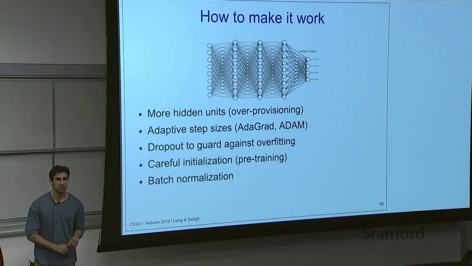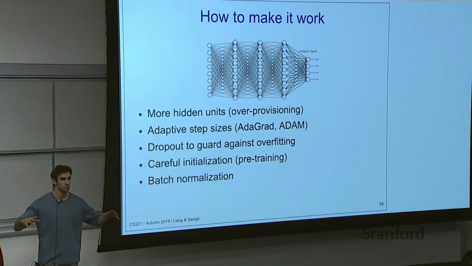And then there are tricks like batch norm, where you ensure that the inputs to your neural network units are normally distributed, with mean 0 and standard deviation 1. What that does is it allows you to take bigger step sizes.